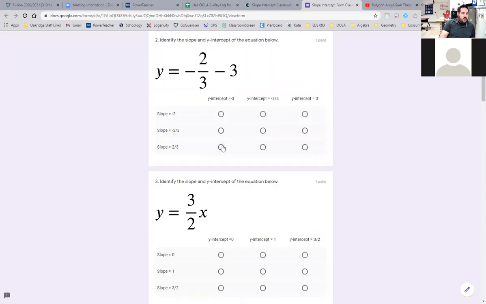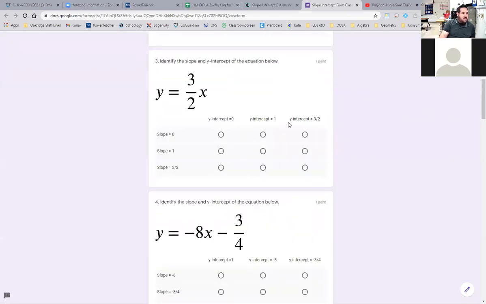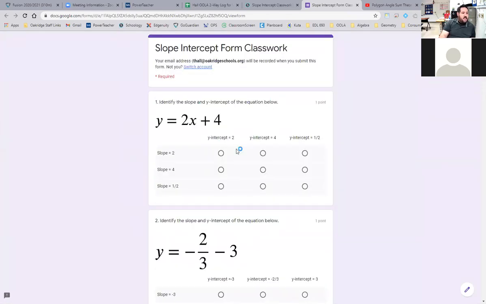On these, there's a couple of this type where you see these grids right here. You're finding the slope and the y-intercept. In this case, I can help you with this one. The slope, remember, is next to the x. So it's a 2. So we go down to here, the slope is 2. So it's this one, it's not these two. And then the y-intercept is 4.